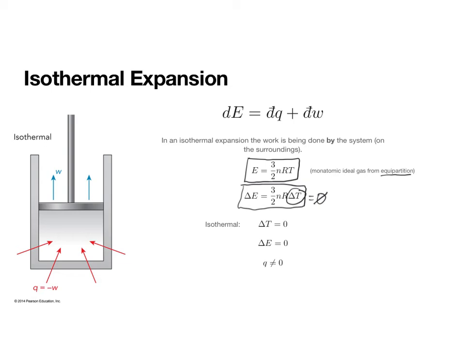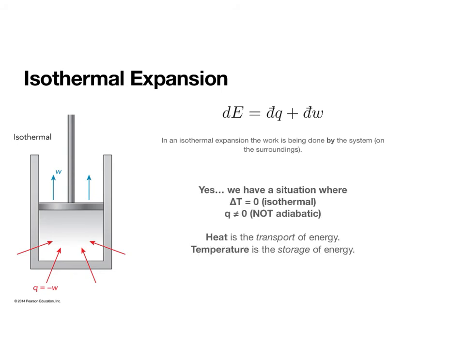And so that means that delta E is equal to 0. And so that means that because dW isn't 0, we know that Q cannot be 0. So what we have here is a system in which my temperature isn't changing, but heat is flowing.